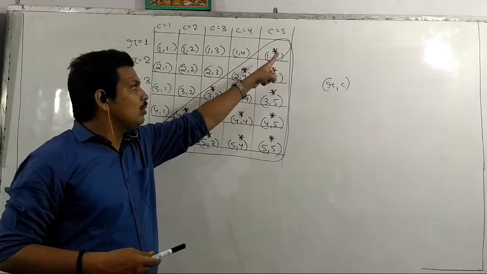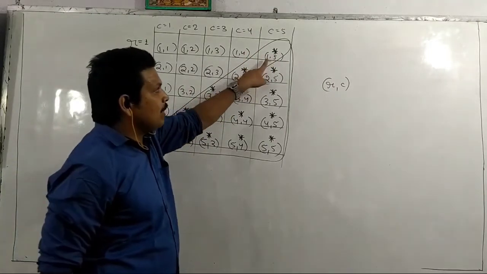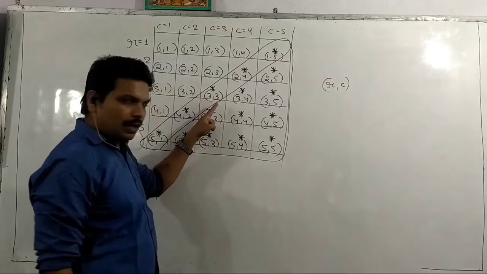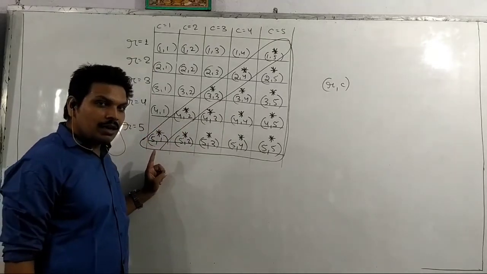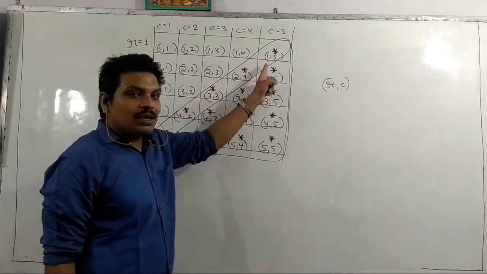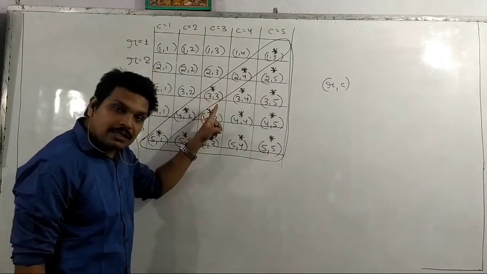That is the reason why I have drawn this boundary line. Say 5 and 1, 4 and 2, 3 and 3, 4 and 2, 5 and 1. Think. 5 plus 1, 6. 4 plus 2, 6. 3 plus 3, 6.